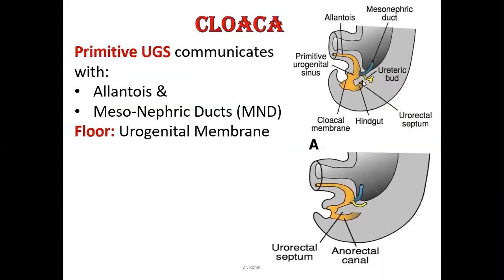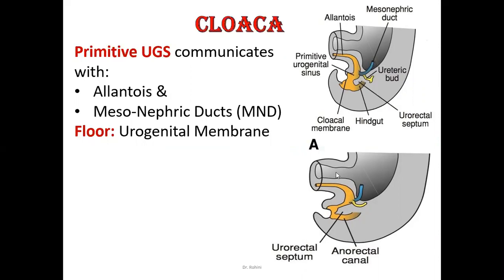Now, the cloaca, as I said, the primitive urogenital sinus, is communicating with the allantois, and on each side it has the opening of this blue part called the mesonephric duct, which you all know.